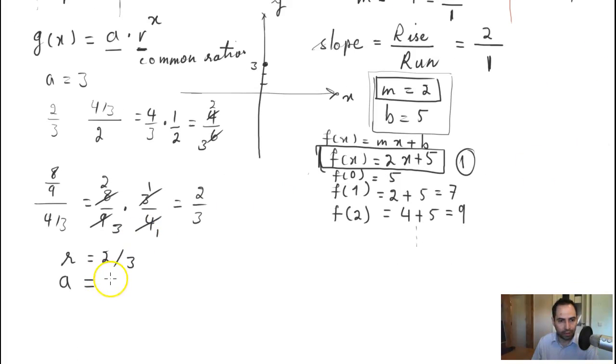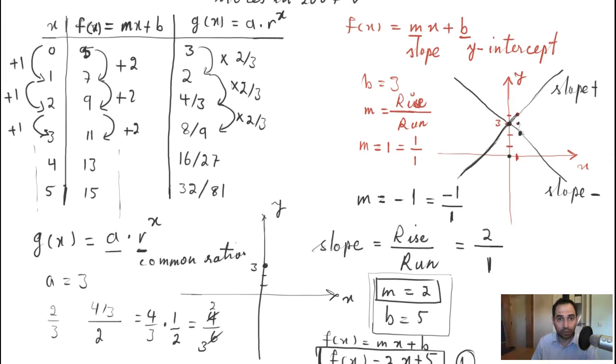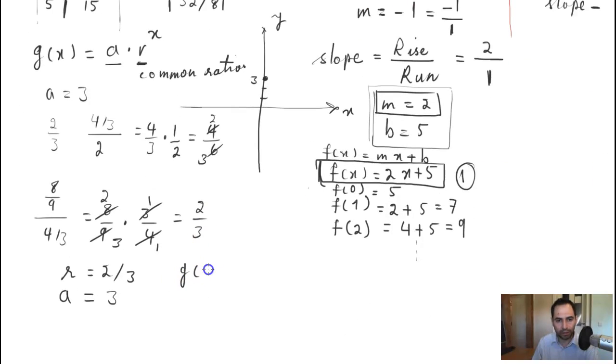So your A is equal to 3, if I'm not mistaken here. And the general form of this function is, as you know, g of x is equal to a times r raised to the power x.